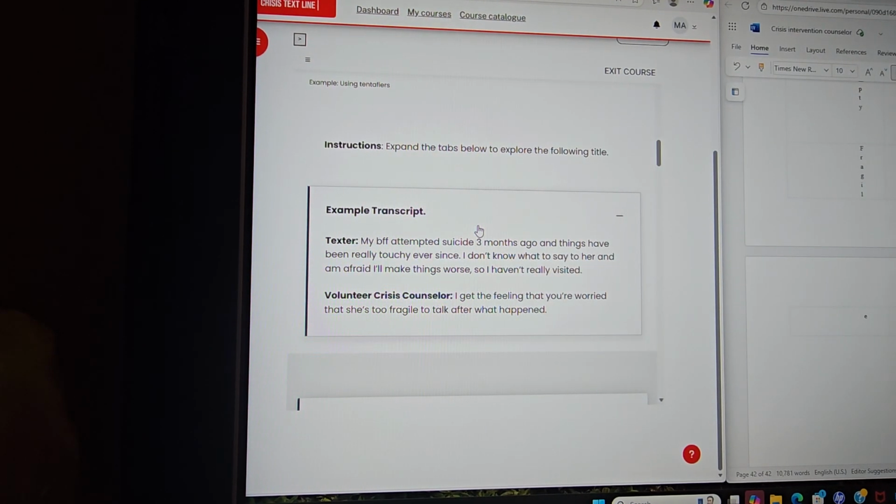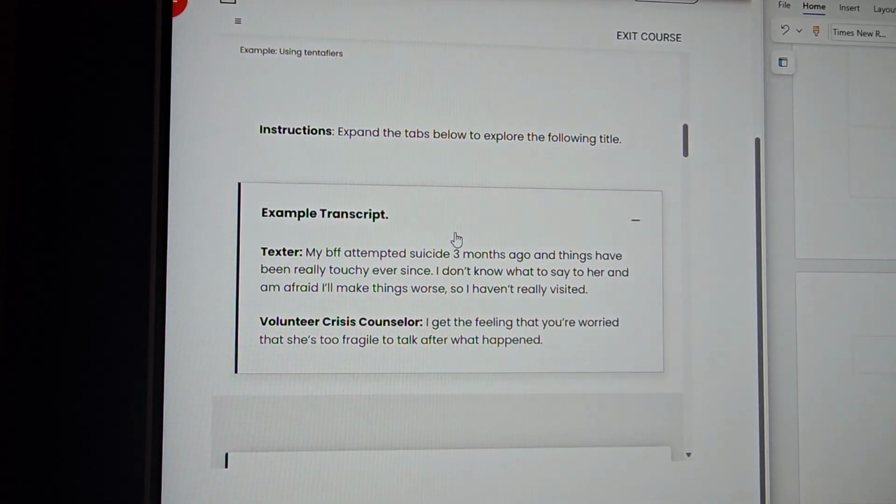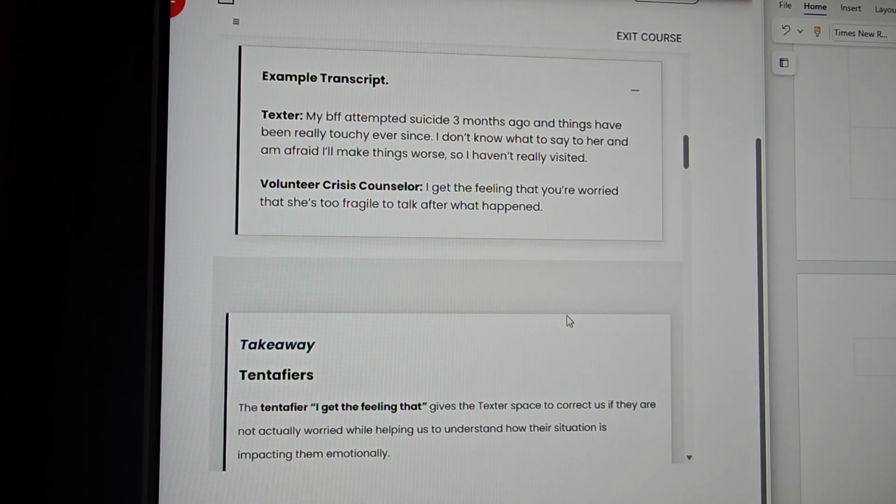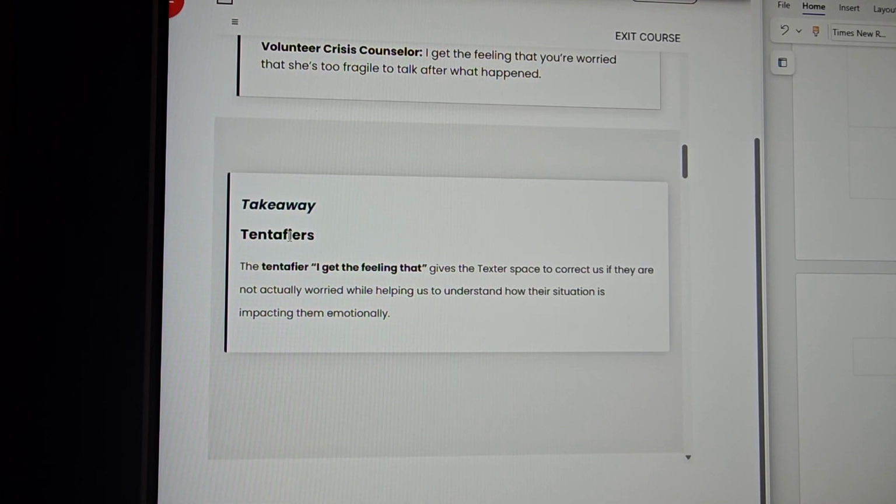Texter: My BFF attempted suicide 3 months ago and has been really touchy ever since. I do not know what to say to her, and I'm afraid of making things worse, so I haven't really visited. Volunteer crisis counselor would say, I get the feeling that you're worried that she is too fragile to talk to after what happened.